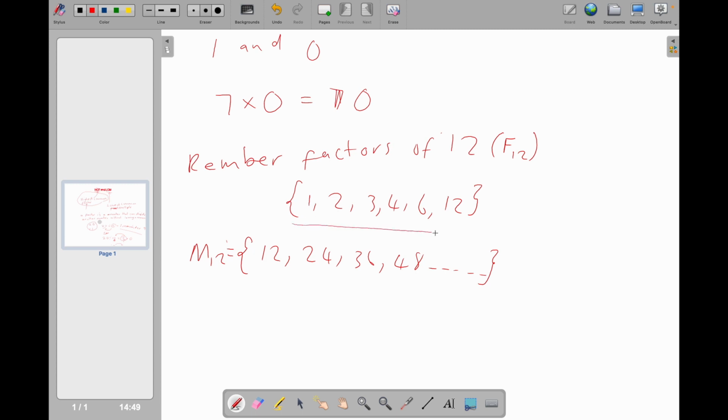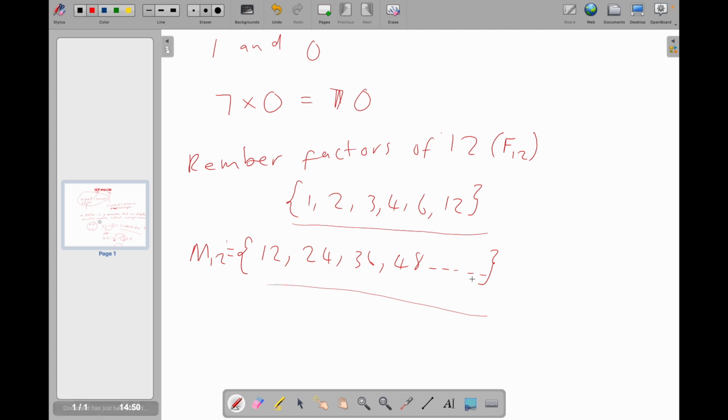We can write all the factors of a number, but the multiples of a number will continue going, because we're just multiplying that number with other numbers, and so the list will go on and on.